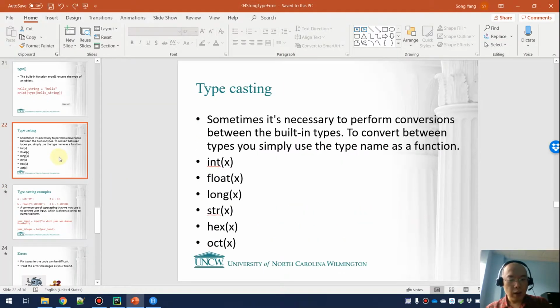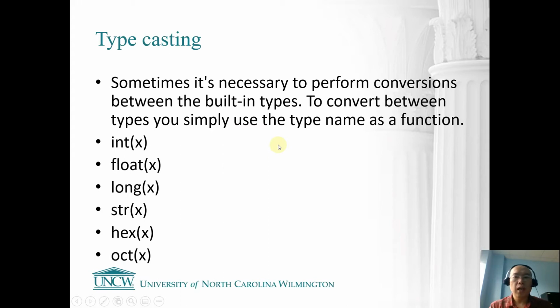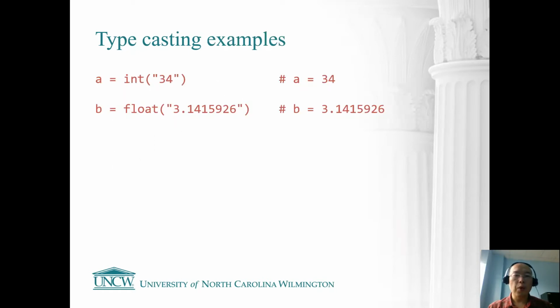Just now I asked this question, do they always work? The answer is no. To make it work, if you want to cast a string into an integer or a float, it should look like an integer or a float. Otherwise, you may get a value error when you do the casting.